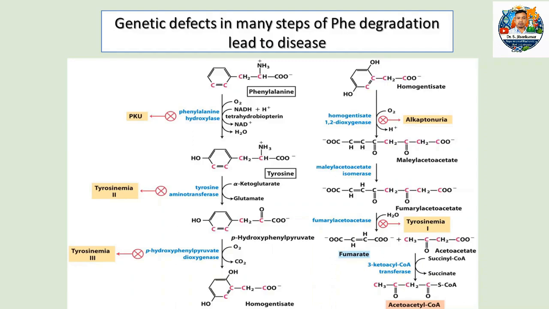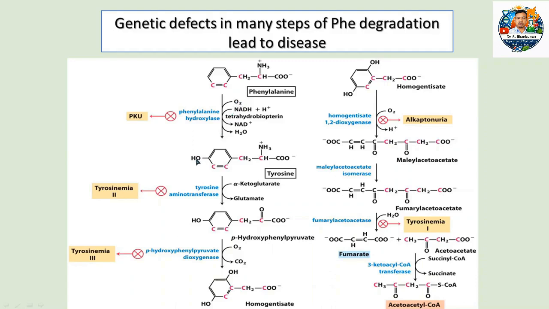Phenylalanine is first converted to tyrosine. Now, as I have said, phenylalanine differs from tyrosine only in the presence of this particular hydroxyl group. So if you put one hydroxyl group here, then it becomes tyrosine. If this hydroxyl group is to be attached, then there must be a source of this oxygen, an electron and proton.